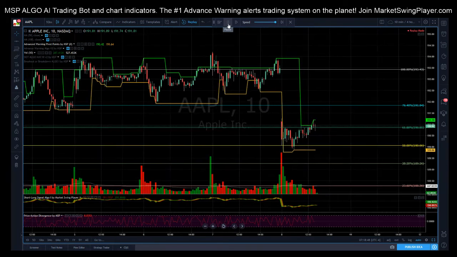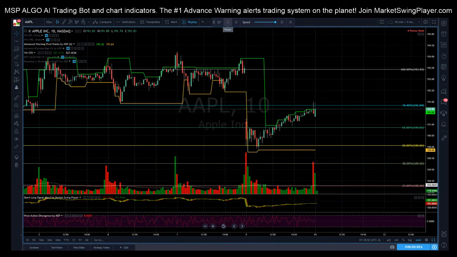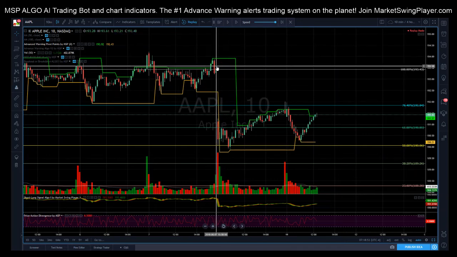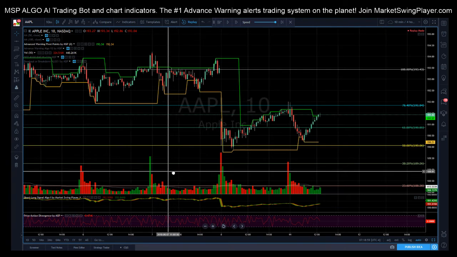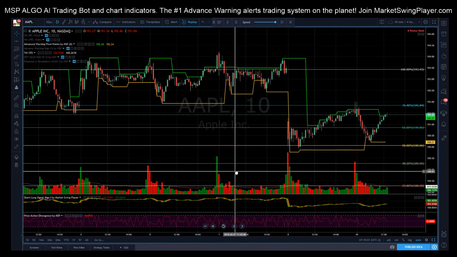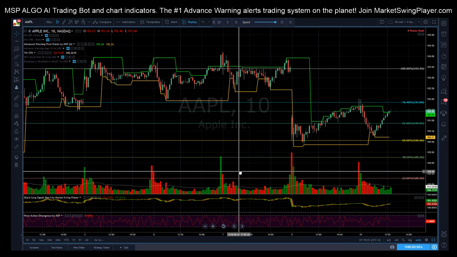Pretty cool, isn't it? Look at it. Okay, let's pause this. Look at the gap now. Look what it did. Right to the 50% fib and bounce. So that is the advantage of having support and resistance on your chart. And that way you can know where you could go long or short. It can help you gauge that.